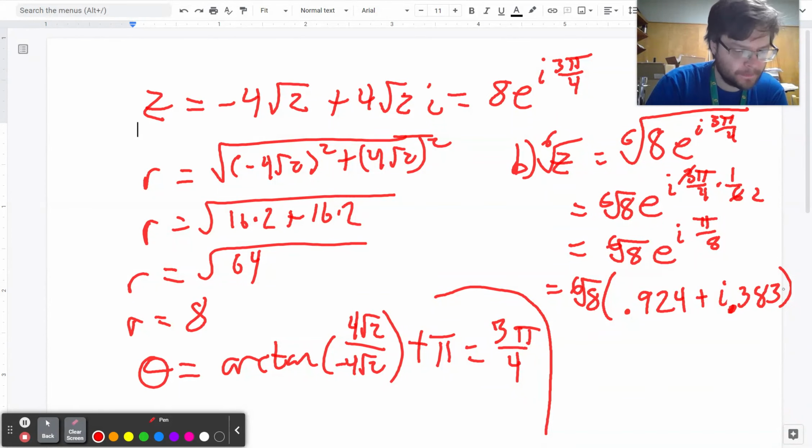Interesting. What happens if I square that value again? No. Square that again. No. Interesting.